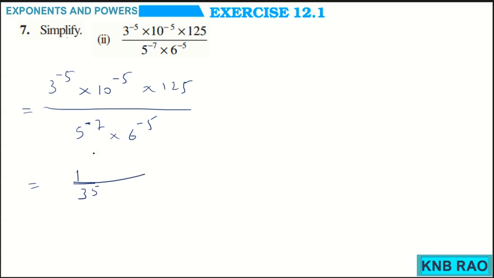So this 3 power minus 5 can be written as 1 by 3 power 5, and 1 by 10 power 5 comes in the denominator, and 125 will be there in the numerator only. This 5 power minus 7 becomes 1 in the denominator and 5 power 7 goes to the numerator, and even 6 power minus 5, which is there in the denominator, will go to the numerator.